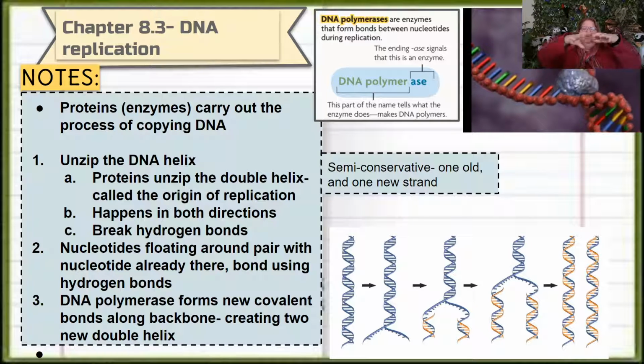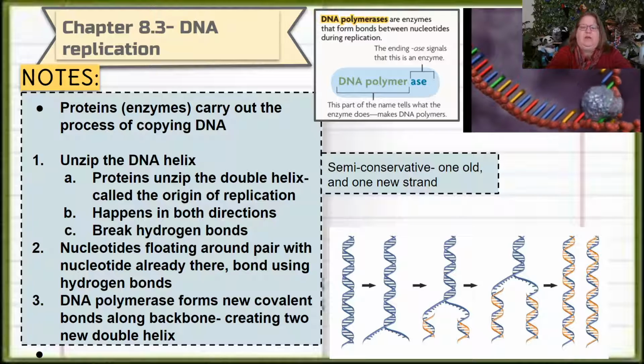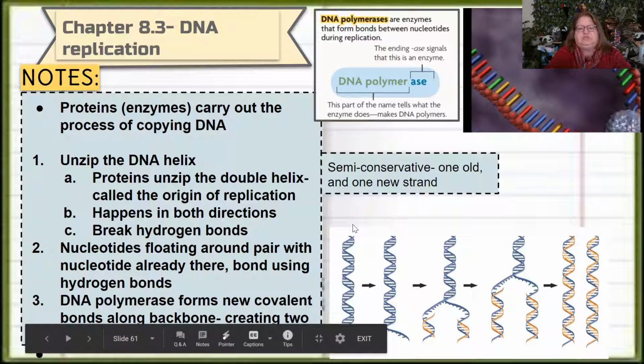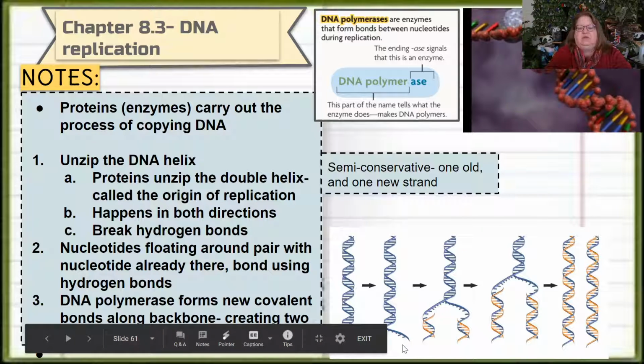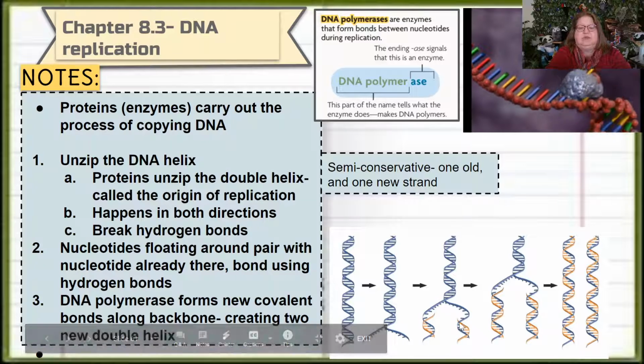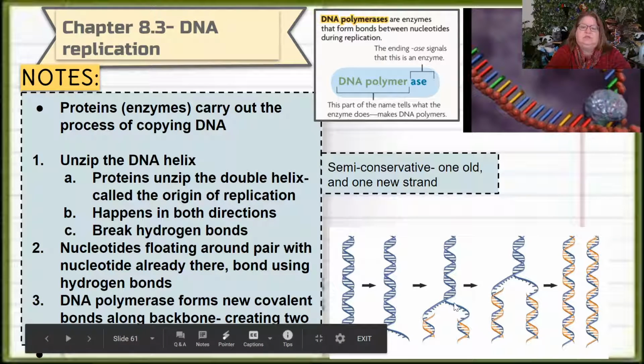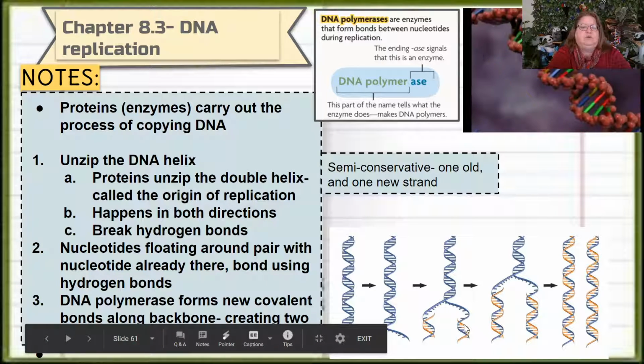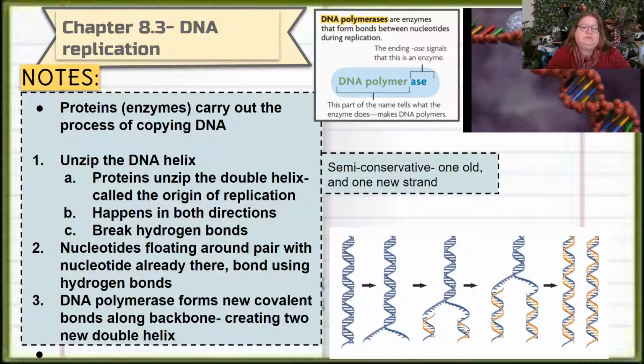Now, what you end up having from a holistic view, if we look from far away, is the original DNA strand, and you're going to unzip it on one side, and for each of the old original strands, you're going to build a new strand using the old strand as a template.